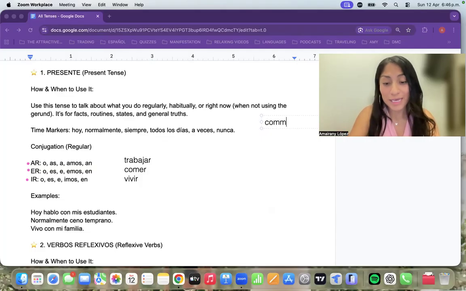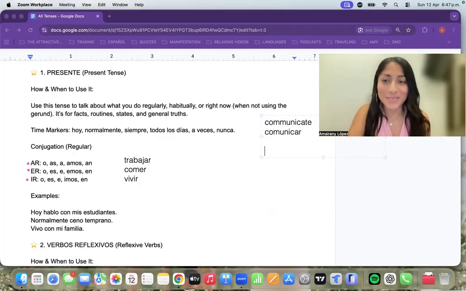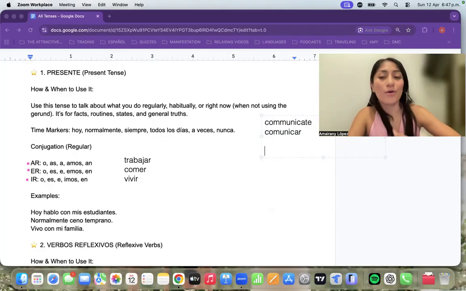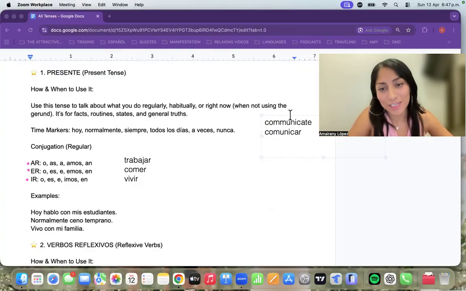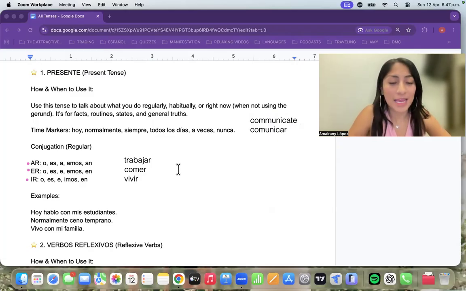For example, communicate, ending with ate at the end. If you replace that ate with ar in Spanish, then you have a verb in Spanish. So comunicar means to communicate, okay? That is a really cool trick. A lot of the words in English ending with ate would be ar in Spanish. So a lot of the verbs in Spanish will end with ar, and we will have some others, of course, with er and ir. So let's do a conjugation real quick.